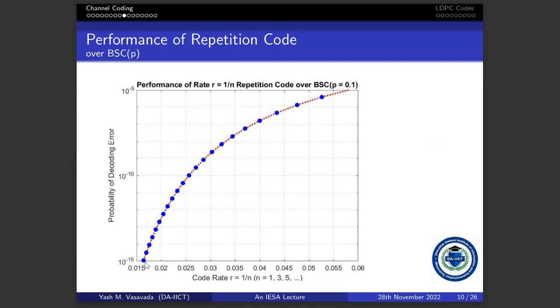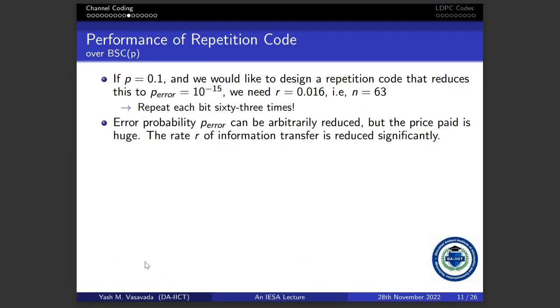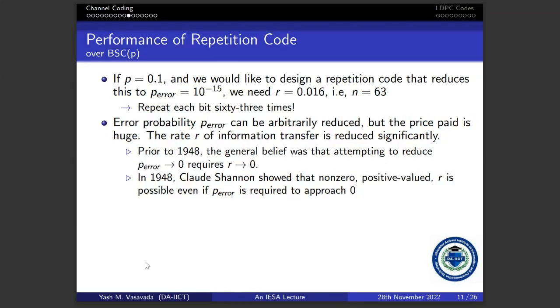That is what we were just describing through the slides. What he said is that no, actually, you can achieve zero error rate, a communication link that is ultra reliable, without making R become zero.